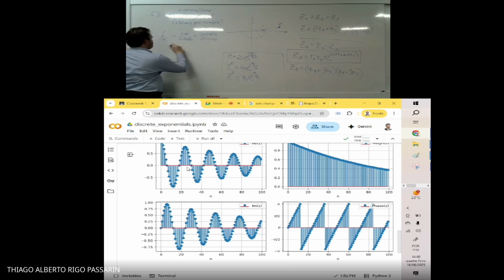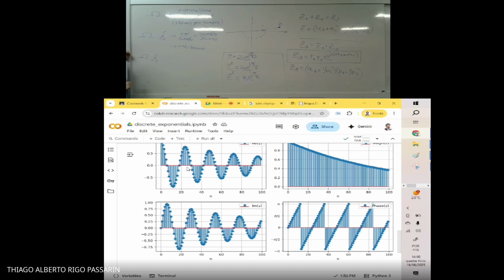Here I have radians per second, if I multiply it by the sampling frequency. Then if I multiply it by 2 pi, or divide by 2 pi, I am at radians per second.